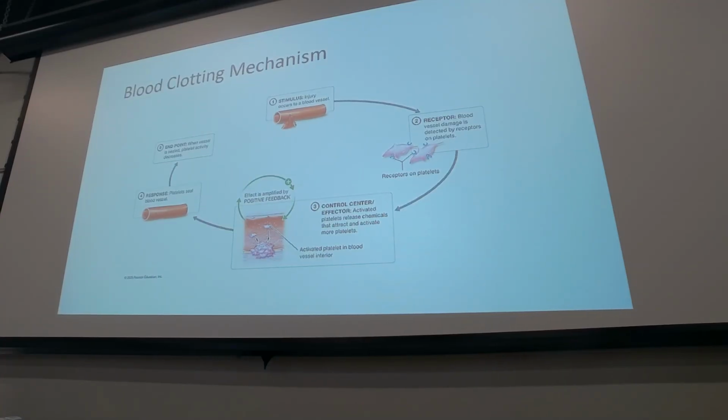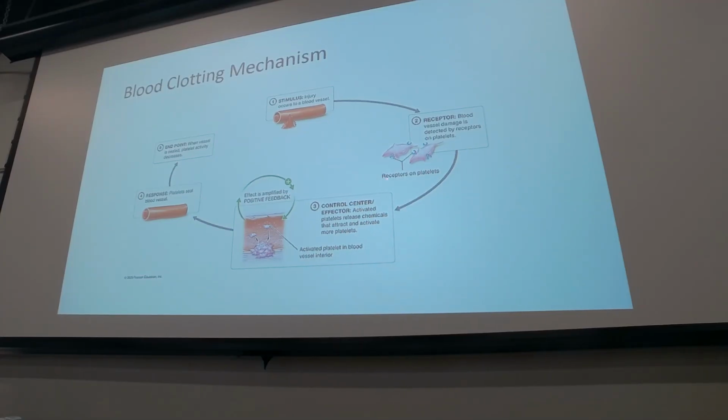So that's an example of negative feedback. In the case of positive feedback, like the blood clotting mechanism, the stimulus is going to be an injury to a blood vessel, a cut. That is going to lead to blood exiting your blood vessel, and that is going to activate receptors in your blood vessel and in your platelets.